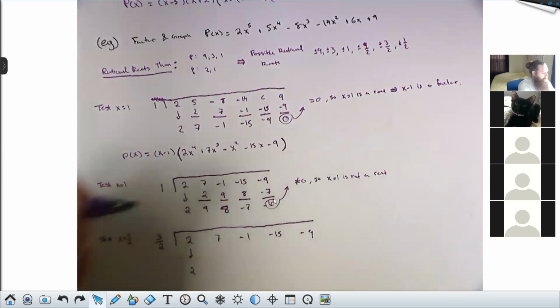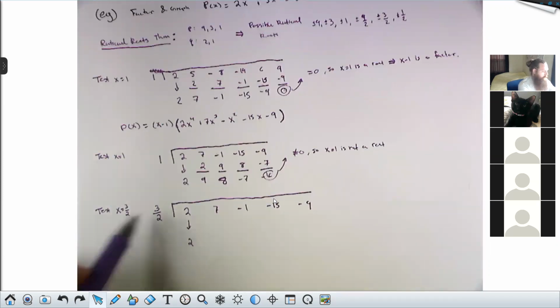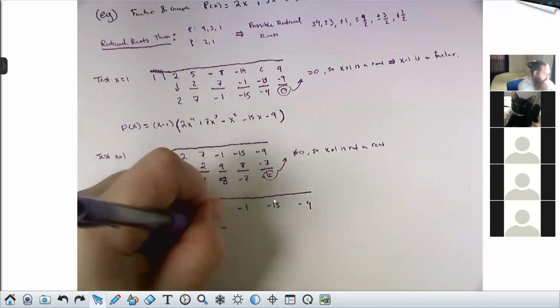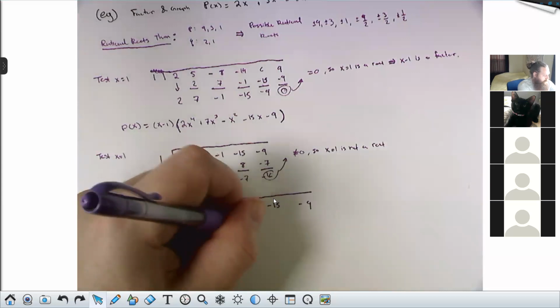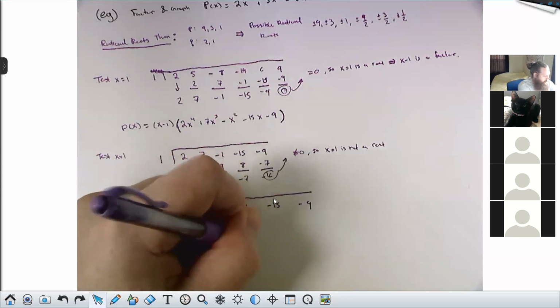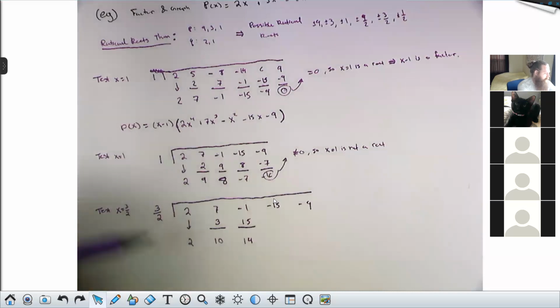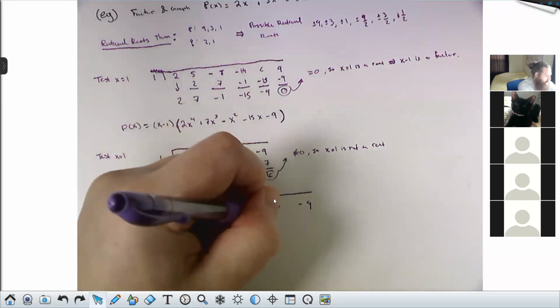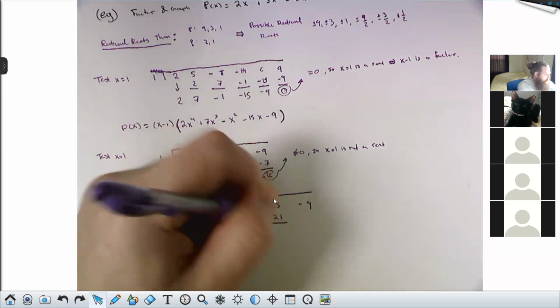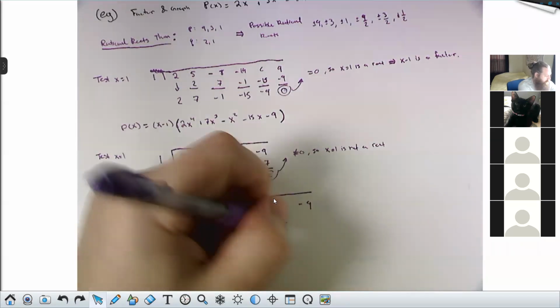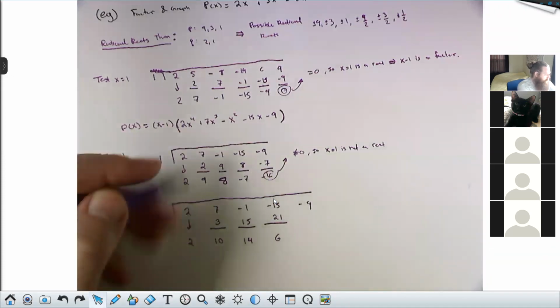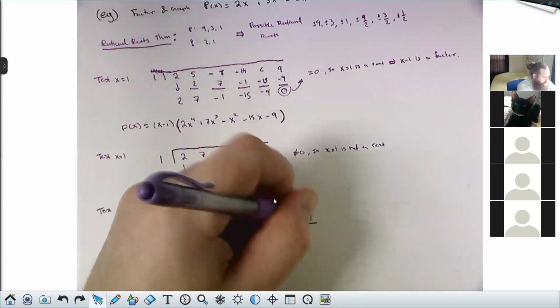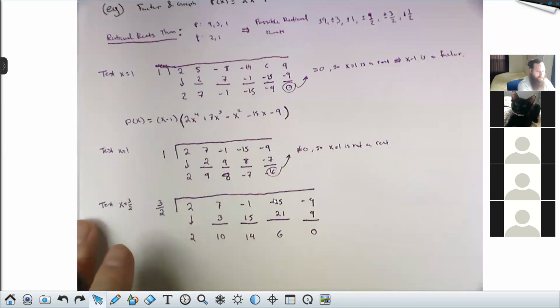We bring down the 2. 3/2 times 2 is 3. 7 and 3 is 10. 3/2 times 10, well, 10 is 2 times 5, so that's 3 times 5 is 15. 15 minus 1 is 14. 14 is 2 times 7, so this is the same as 3 times 7 is 21. -15 and 21 is 6. 3/2 times 6, 6 is 3 times 2, so that's 3 times 3, which is 9. And these do add to 0, so hey, that worked.